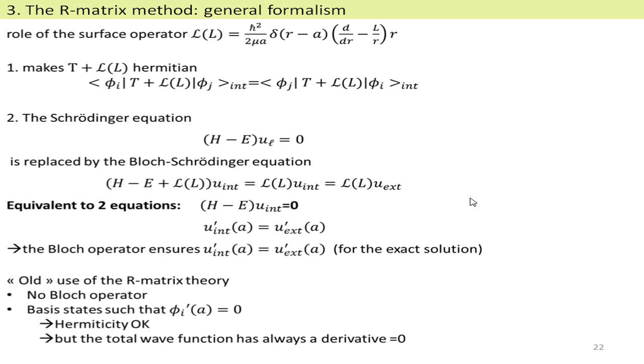There was no Bloch operator, and then basis states were chosen in such a way that the derivative was always 0. And then you avoid this hermiticity problem, but then you are very limited in the basis function. So it means that your function, which will be a combination of these basis functions, will always have a derivative 0. And this is a limitation of this old technique.